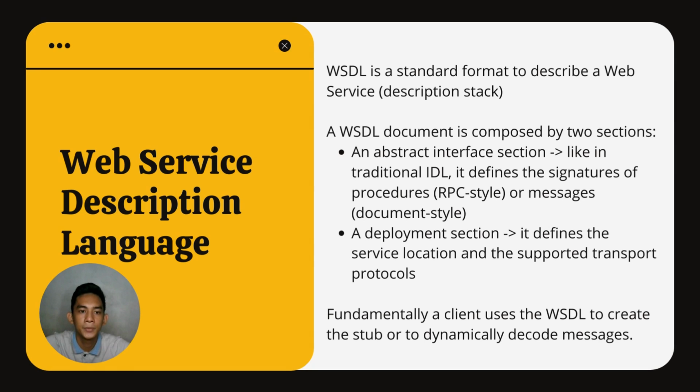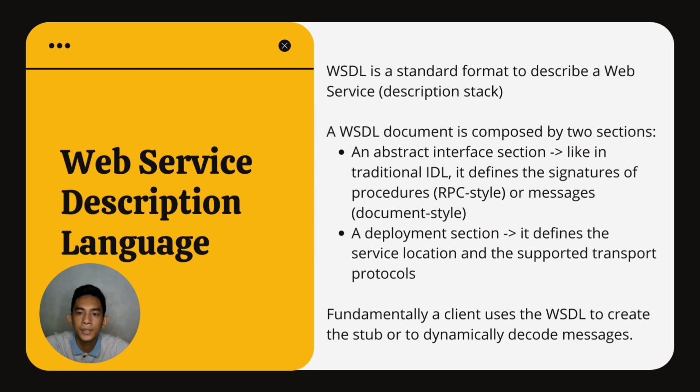Web Service Description Language. WSDL is a standard format to describe a web service. A WSDL document is composed of two sections: an abstract interface section and a deployment section.